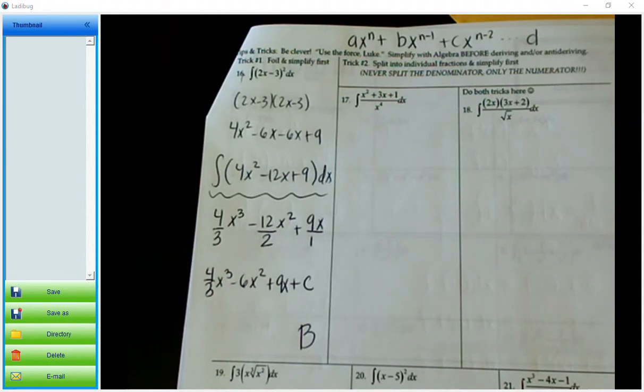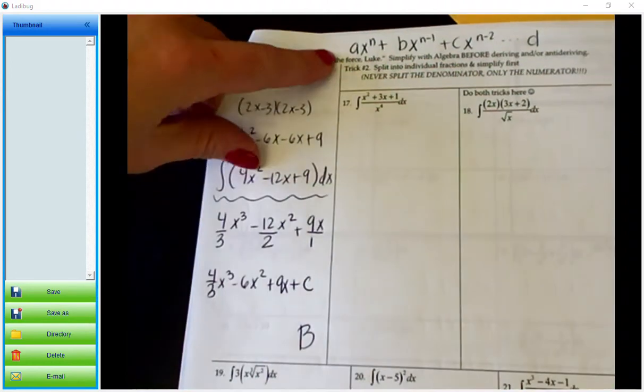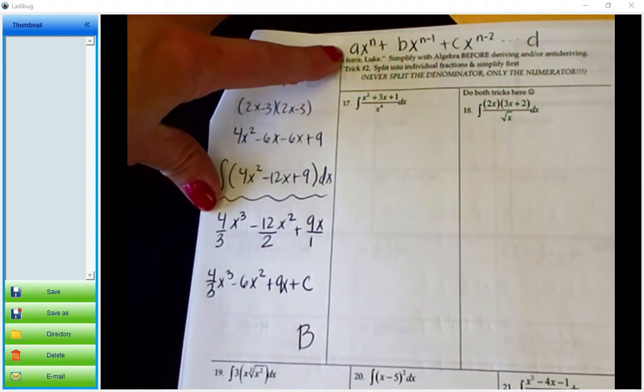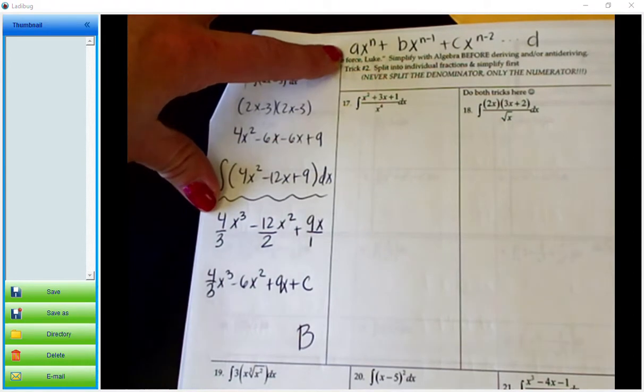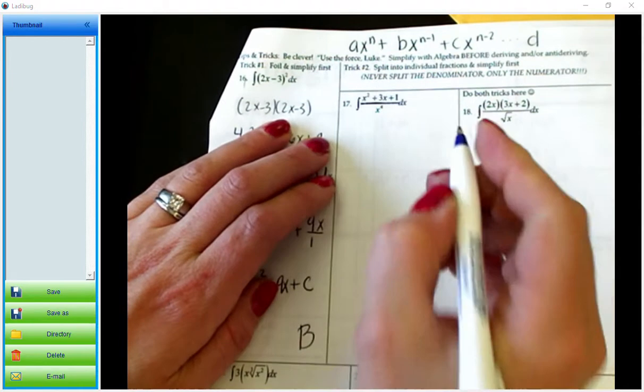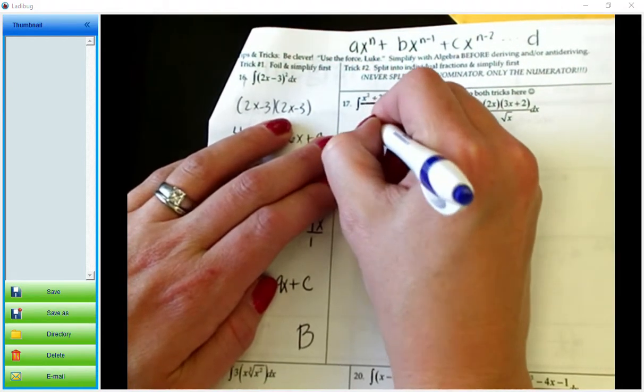Okay. But the denominator, a little bit tricky. There is no quotient rule, which means you have to make it look like this polynomial first. Now it doesn't matter if my exponents are fractions or negatives, that's okay. Notice your divide bar is over all of this, and so I'm going to write it like this.